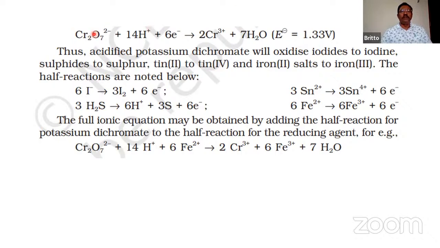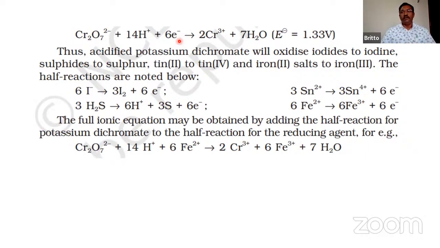Okay, so here dichromate is an oxidizing agent, so it gets reduced to Cr3+. In Cr2O7, the oxidation state of chromium is +6, so it is reduced to chromium +3. So reduction potential is +1.33.